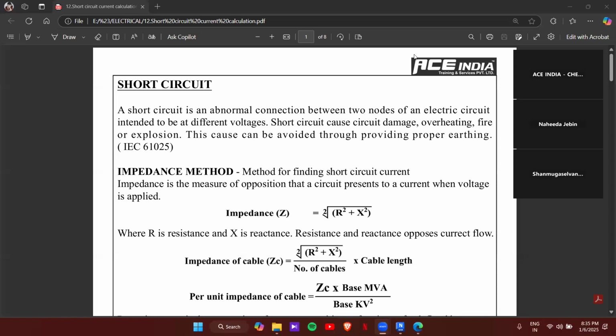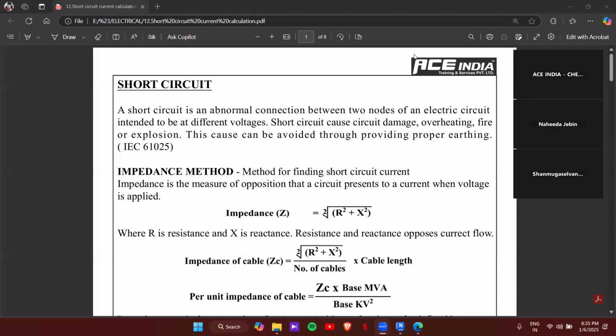In order to provide earthing, we have to find out how much the short circuit current will be. In this calculation, we make an assumption of what happens if a short circuit occurs, and how much short circuit current will come into the system. Based on that, we have to choose an appropriate earthing, or the size of the earthing rod, pipe, whatever earthing you are following.